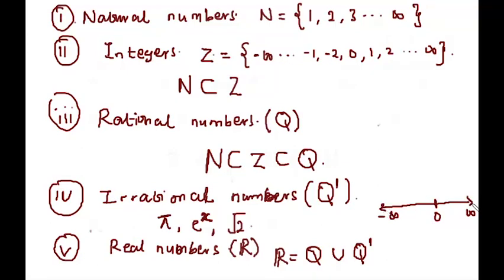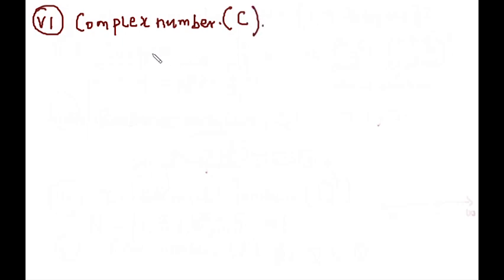Okay, so last but not the least, the number we have is a complex number, and it is often denoted by C. A complex number is simply a number that can be expressed as x plus iy.